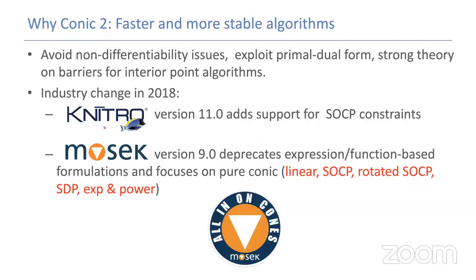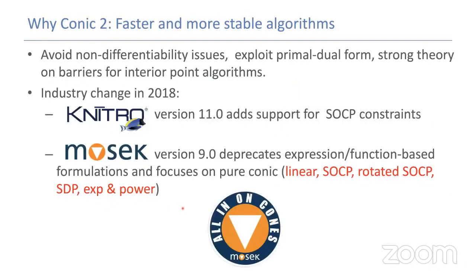Knitro, for instance, added support for second order cone constraints. And Mosek basically deprecated all the expression or function-based formulations and focused purely on conic optimization, in particular with a small number of cones, but this small number of cones is basically enough to model almost whatever you would want to model. The reason they did this is that it makes the solvers more stable and allows you to get much faster solvers.